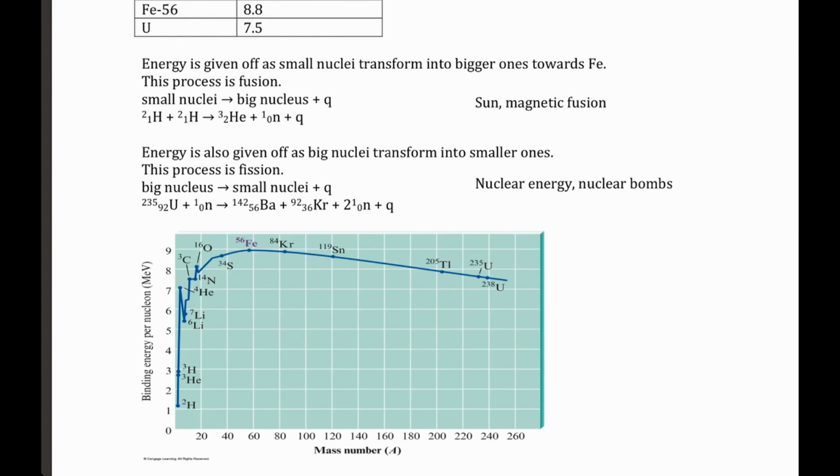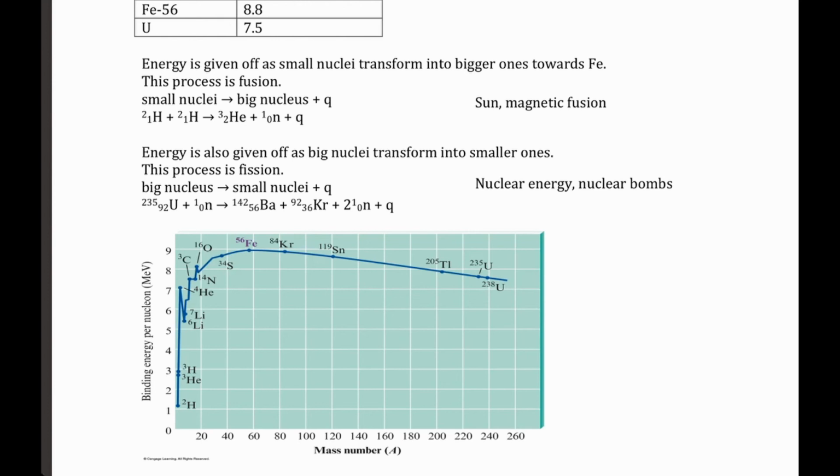So we have small nuclei forming bigger nuclei, giving off lots of energy. That's what's occurring on the sun. It's being tested here on Earth with magnetic fusion, laser fusion, and so on as a possible future energy source. I show a reaction there of two H2s undergoing the fusion to produce helium-3.